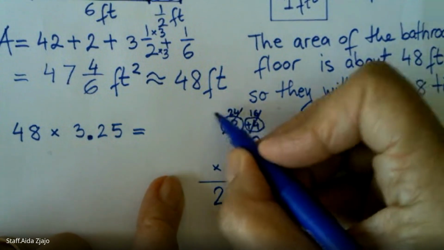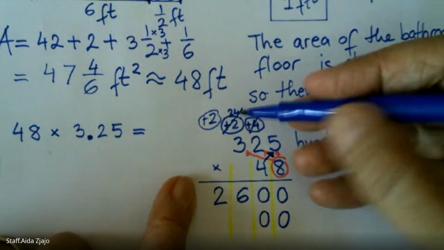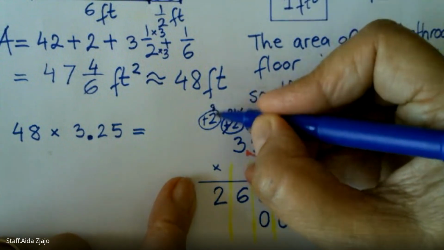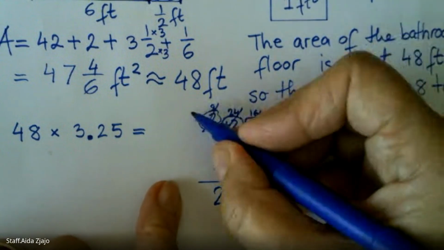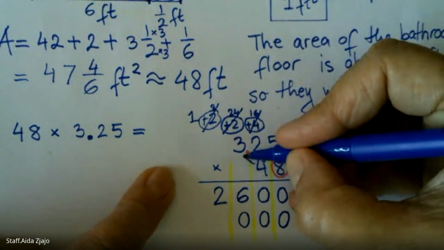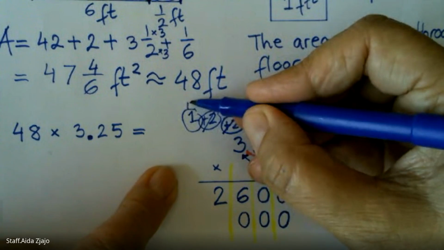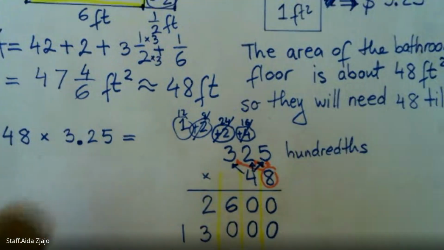I remember 2. 4 times 2 is 8, plus 2 is 10. I remember 1. 3 times 4 is 12, plus 1 is 13.